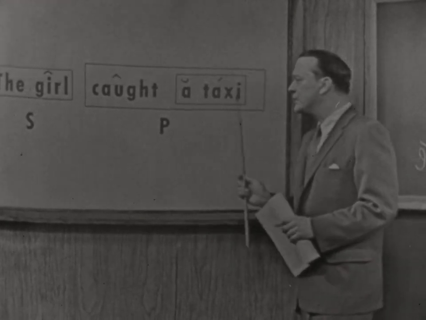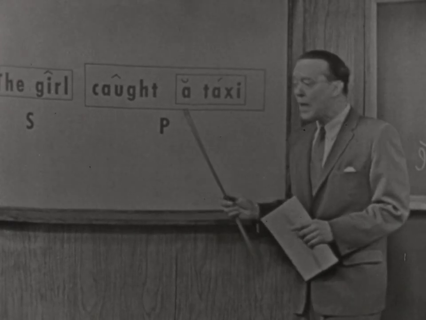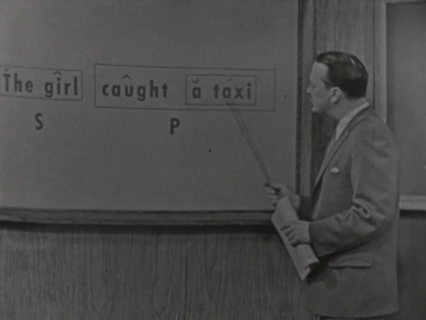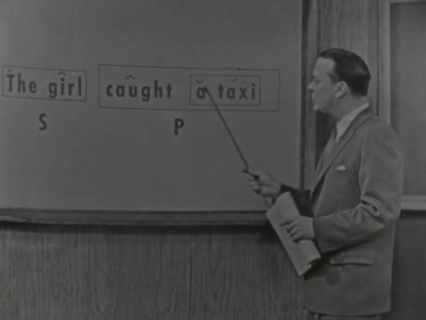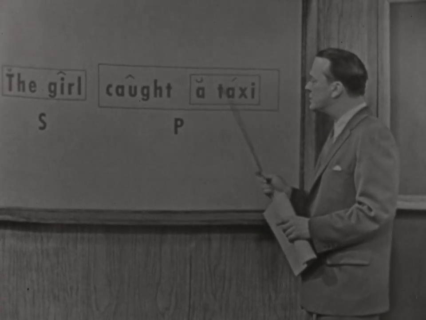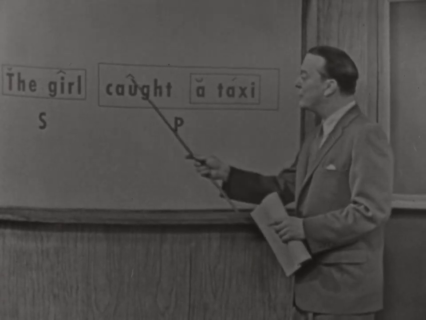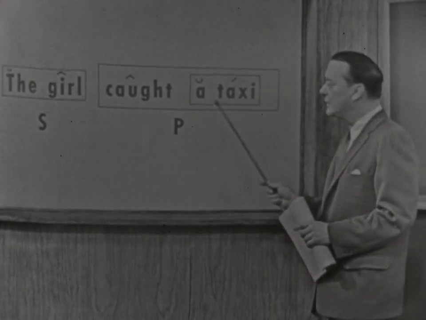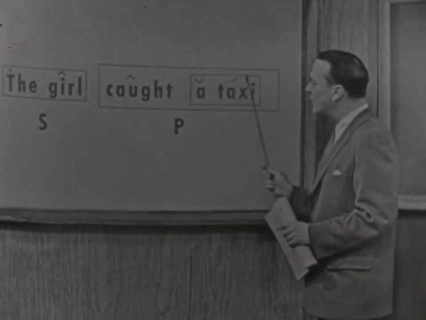In analyzing, for instance, the phrasal structure of this sentence, the girl caught a taxi, what I do is enter here at my finite verb and move to the end, and the first phrase I've got that I can take out, composed of two words, is the word a combined with the word taxi under a phrase superfix of weak stress plus juncture primary stress, a taxi. Then caught a taxi, I have the word caught, a new item added to this, which is now a unit. This now counts as one part of a binary composition, caught a taxi.